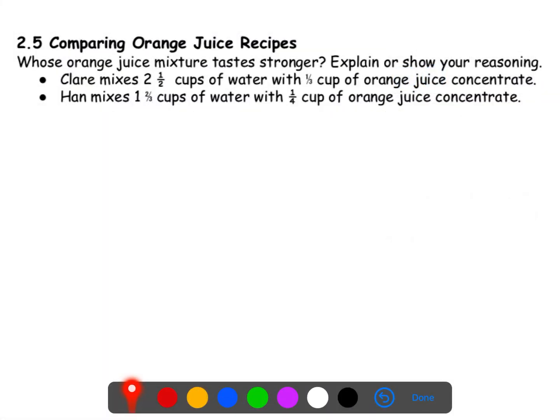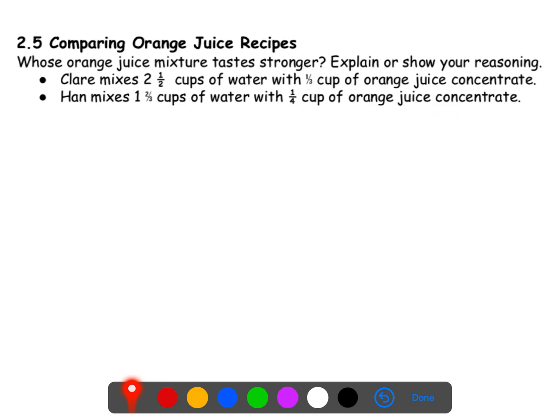All right, finally, we have a question that says, whose orange juice mixture tastes stronger? Explain or show your reasoning. So let's quickly think about that. Looking at the mixes for Claire and Han, they're combining water with orange juice concentrate, that thick, usually frozen mixture.